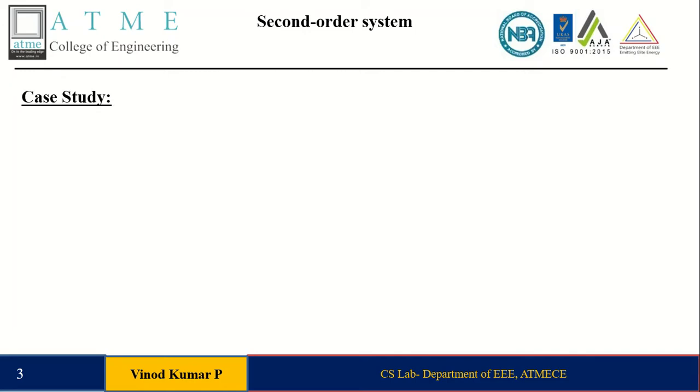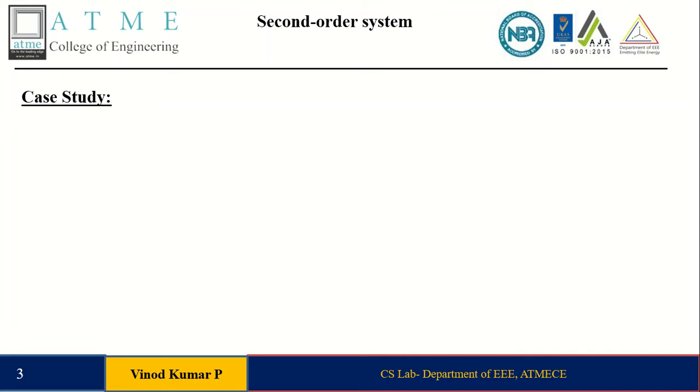Coming to the second order system, let me take a case study. As I already explained in the frequency response experiment, we looked at the damping ratio and the steady state error that you need to calculate.